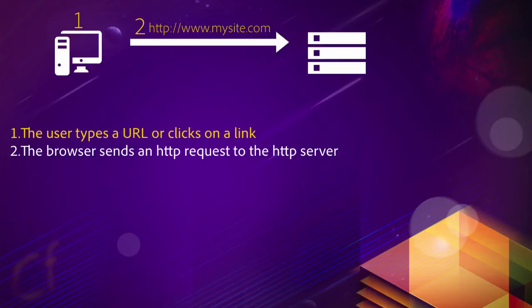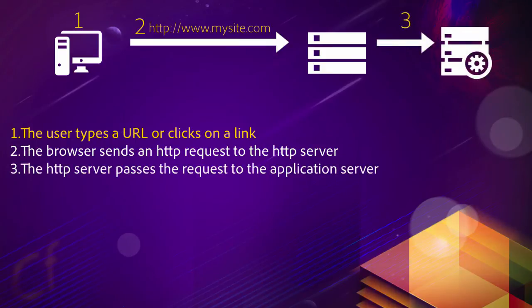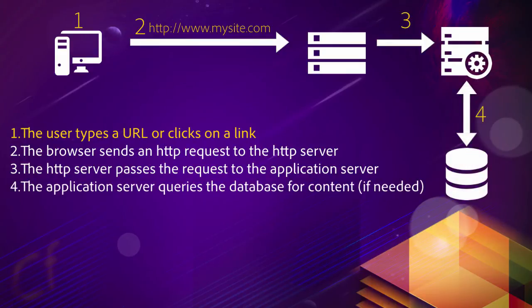And that server will say, hey, that .cfm thing, I cannot handle that myself. I need to pass the request to an application server that is able to understand and process those CFM files. Now, that application server will, if needed, query a database to have access to the content that needs to be sent back to the user.